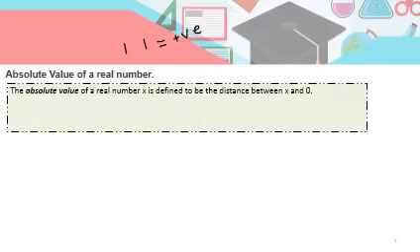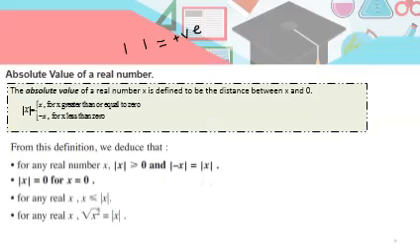The absolute value of a real number is the distance between x and O on the axis of abscissa. So you have absolute value of x equals x for x greater than or equal to 0, and minus x for x less than 0. What does that mean? For any real number, the absolute value of x is always positive, as we said, and the absolute value of minus x is equal to the absolute value of x, because in both cases you are going to get the positive value of the number.